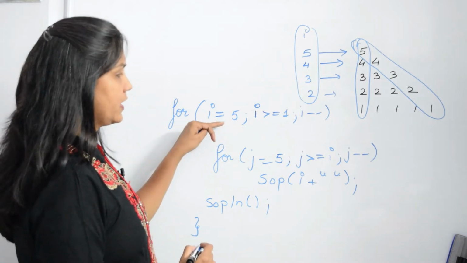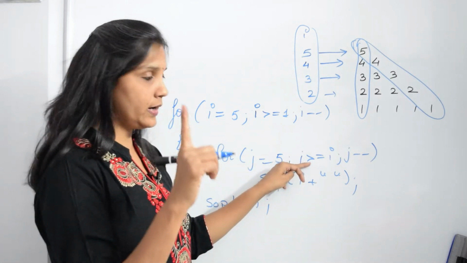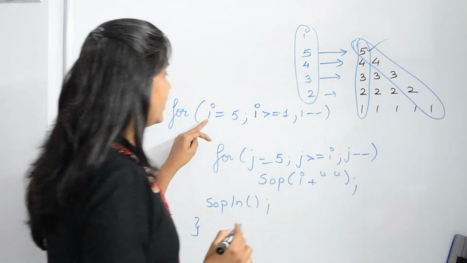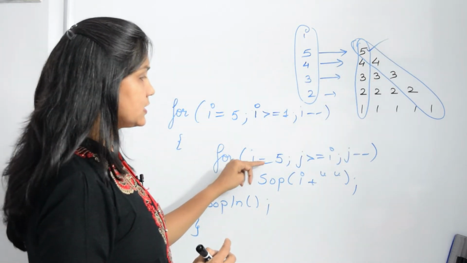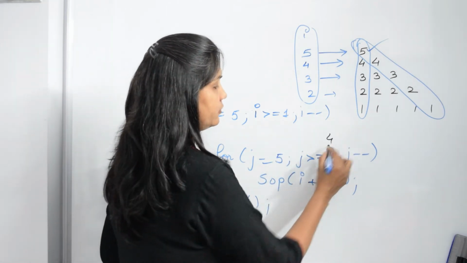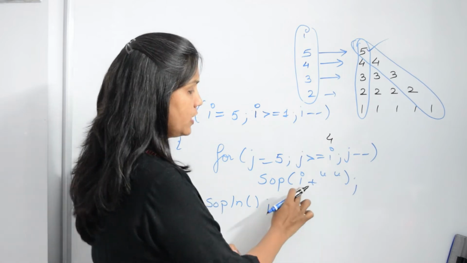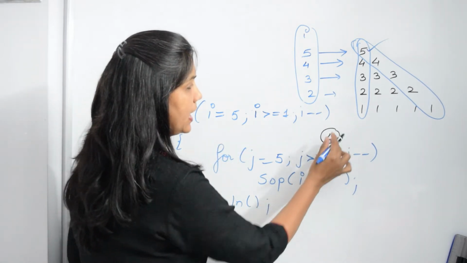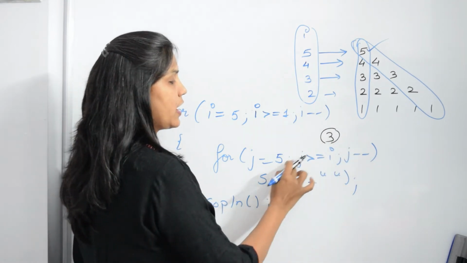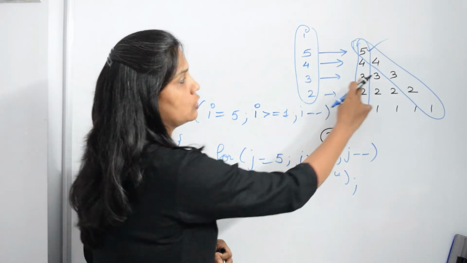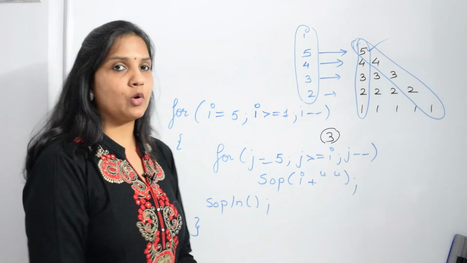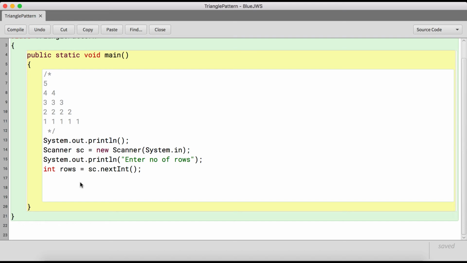So now you can see when I is 5, this loop runs one time, it prints the value of I, that is 5. When I becomes 4, this loop runs 2 times because my I is 4, so j is 5, then equal to 4, 5 and 4 and it prints the value of I 2 times. Then when my I becomes 3, this runs 5, 4, 3, it prints the value of 3 3 times and so on. So let's go ahead, execute the same on BlueJ and see the output.